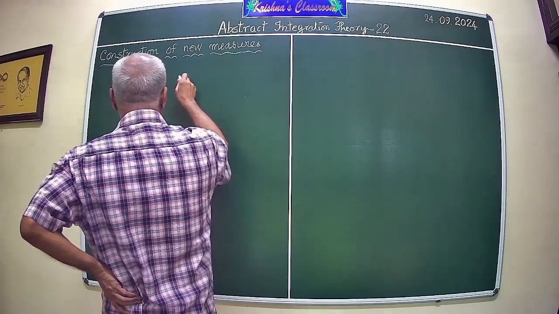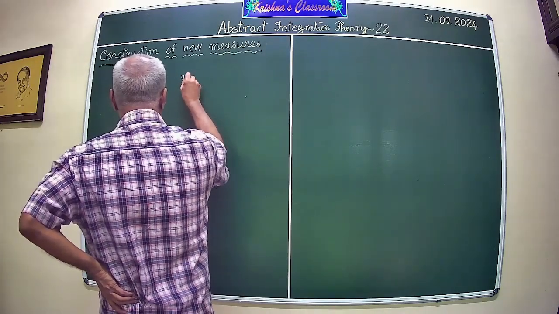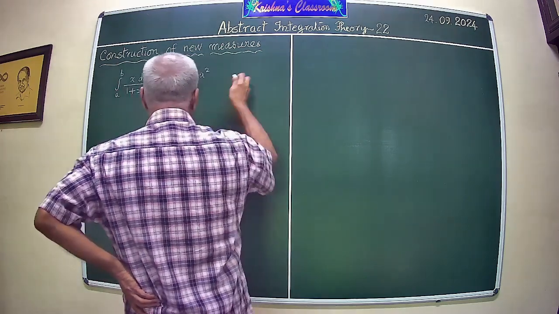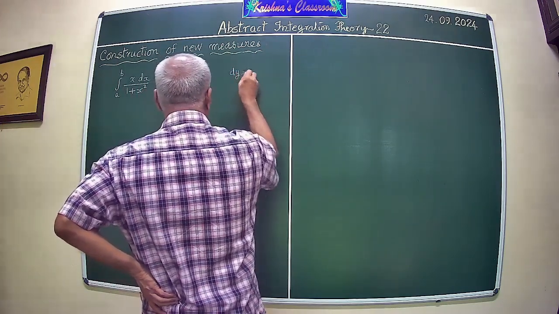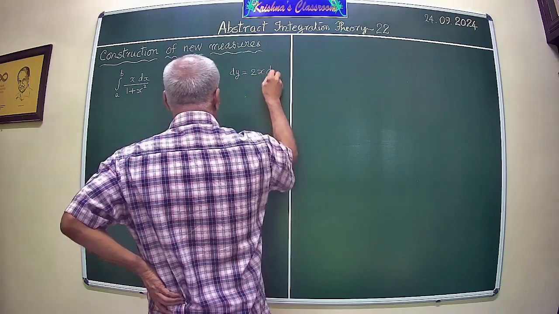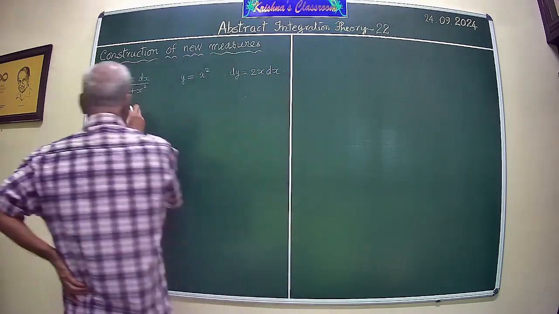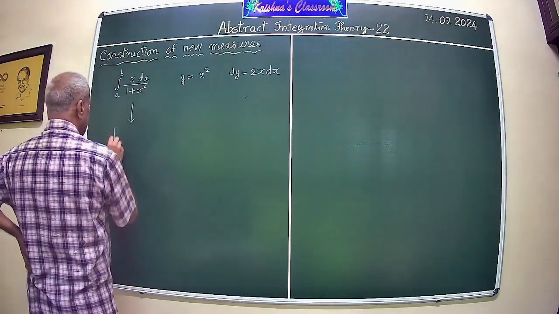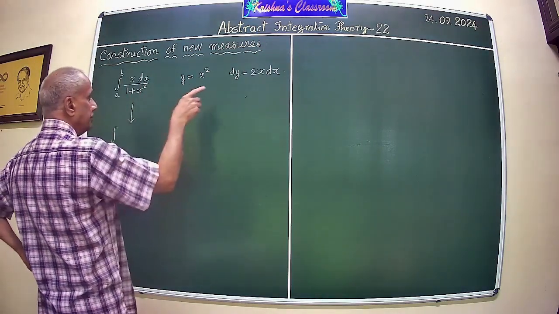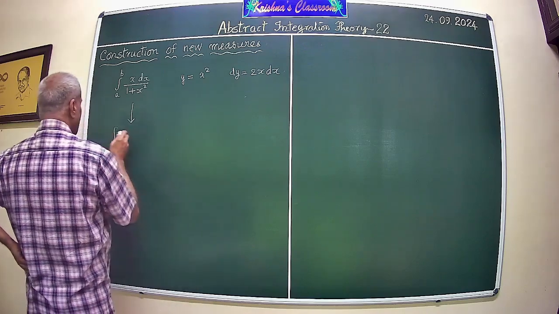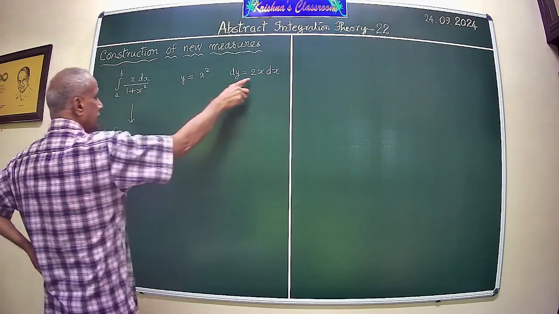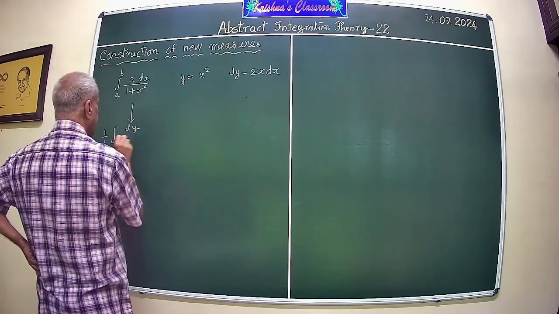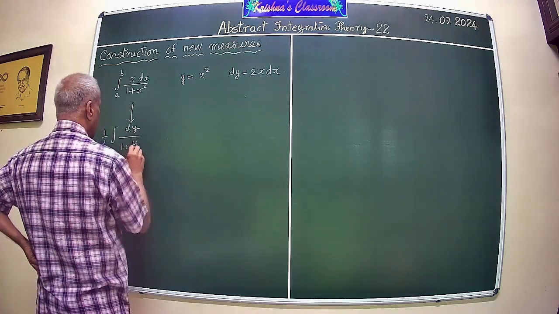So the traditional method is put y equal to x square, when you have dy equal to 2x dx. Therefore, this integral transforms to the integral of 1 by 2, that comes from here, x dx is replaced by dy, and then 1 plus y.